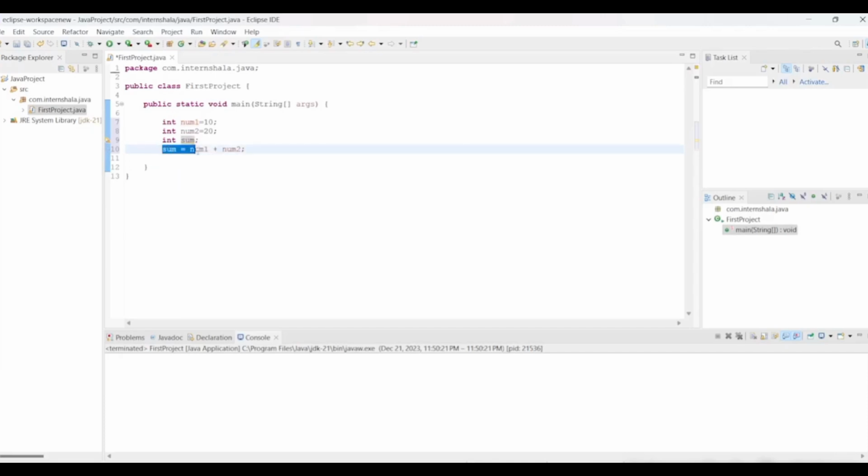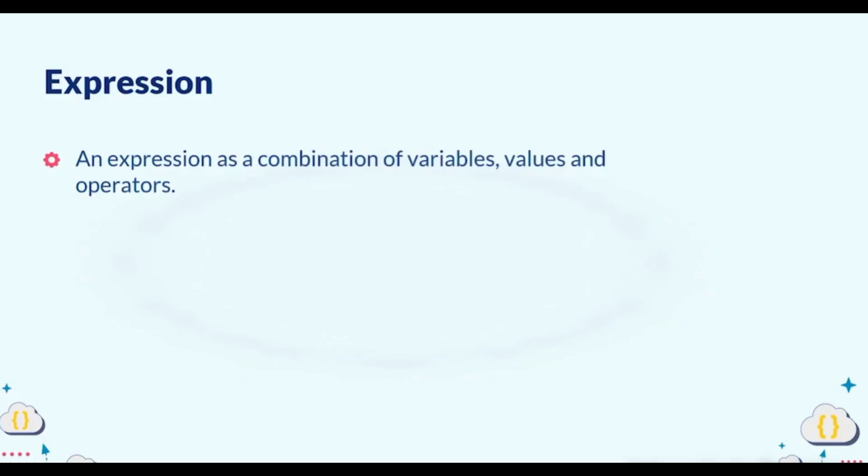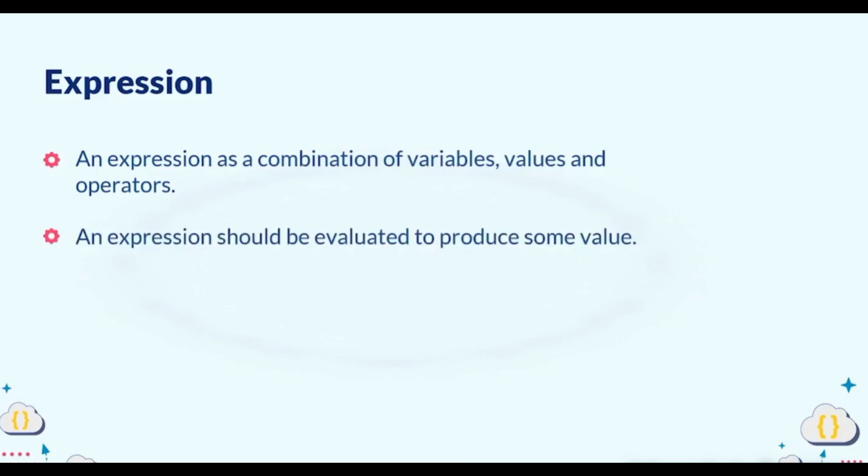Now this entire statement, where we have a variable sum, num1 and num2 operands and plus as an operator, is called an expression. So we can define an expression as a combination of variables, values and operators. One point to note is that an expression should be evaluated to produce some value.